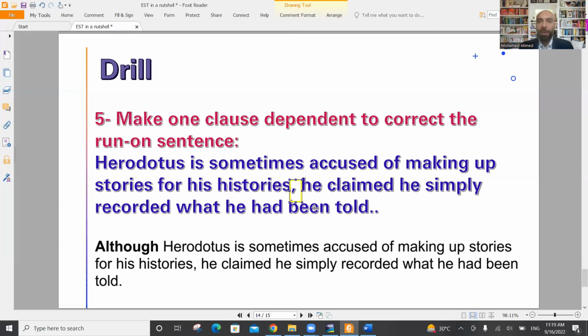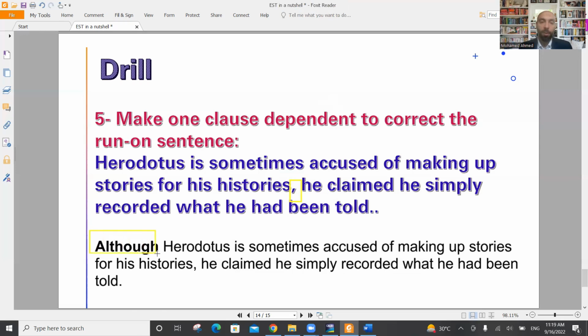And we call it sometimes a comma splice. Comma splice error means you have a comma only. And be careful of that. It's very, very important. A comma can never connect two sentences together. So here to solve this problem, we want to make one of the clauses dependent.